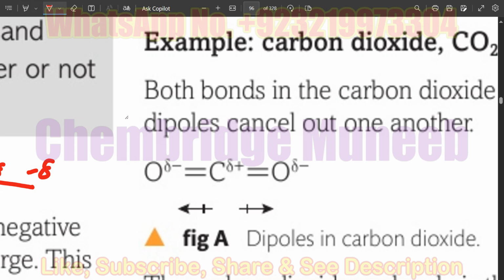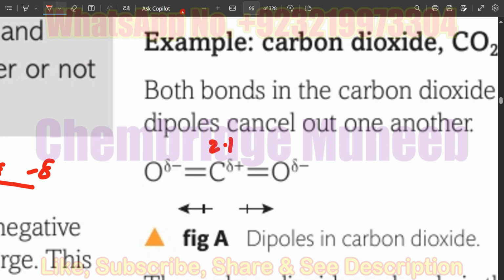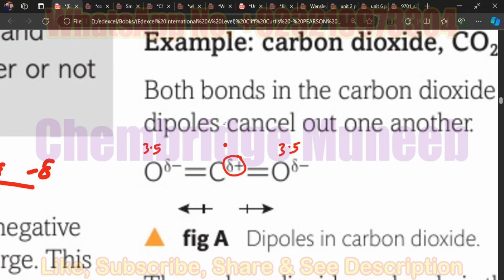If you know the values, that will be great. But if you don't know the values, oxygen is 3.5 electronegative value. That's why carbon is considered as the partial positive area. The lower one will be partially positive and the higher one will be partial negative. Yes, that's what we did in the HCl case as well.